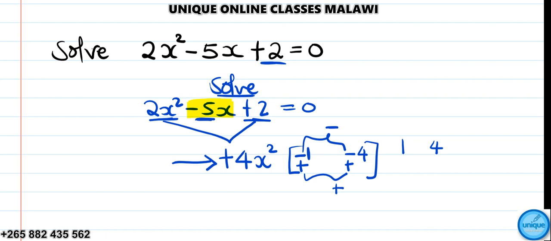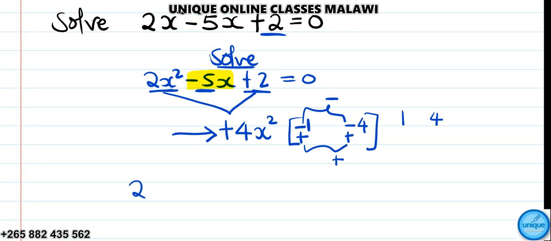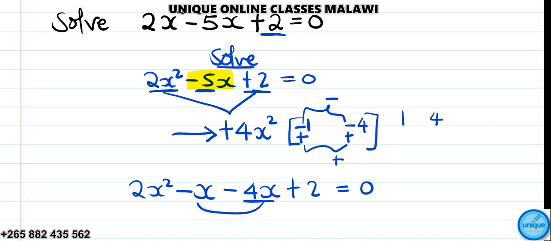Now instead of writing that second term, we're going to replace it with the factors. So it will be 2x squared minus x, which is 1x, so I'm writing it as minus x, then minus 4x, then plus 2 is equal to 0. There's no problem if you start writing this one here and that one there.